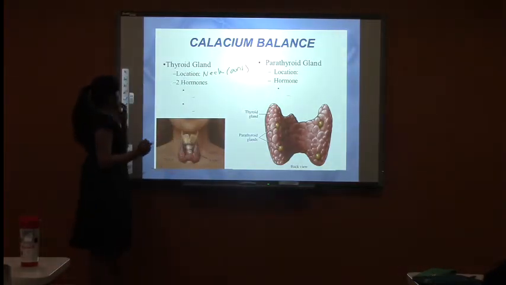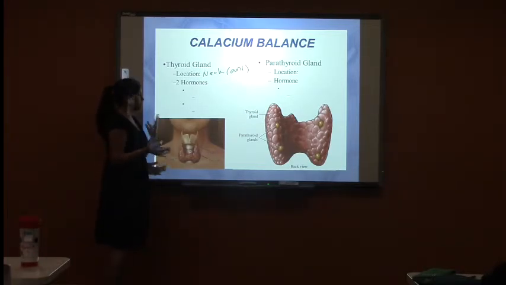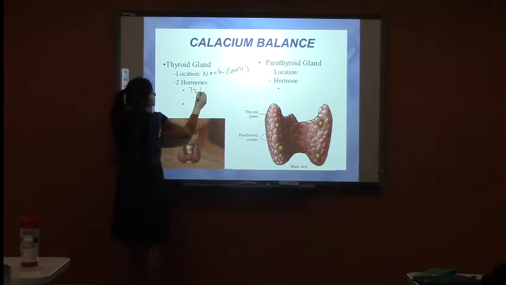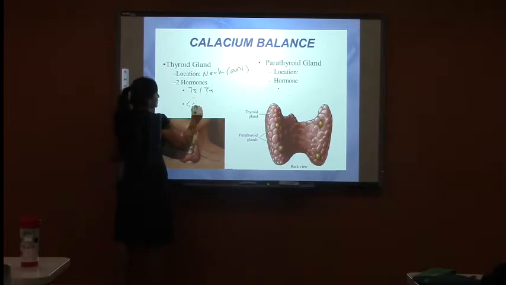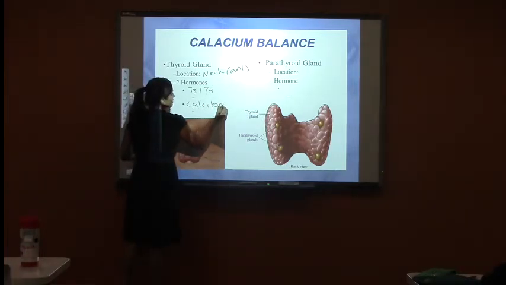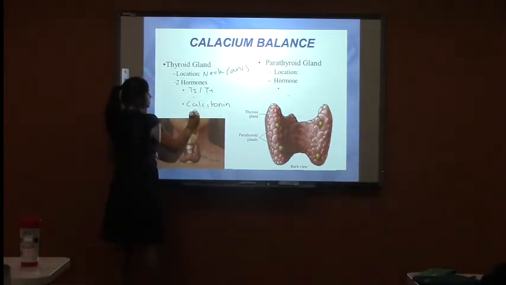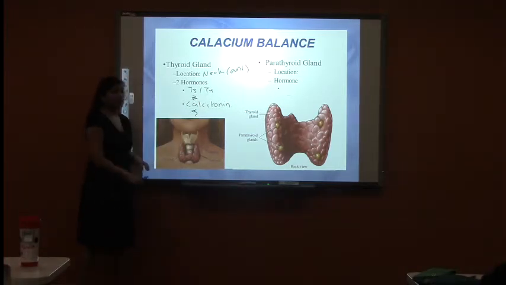Now, the thyroid gland releases two main hormones. T3, T4 are classified as one category. Another one is calcitonin. Okay, you don't need to know this one. I'm not going over the functions of it.